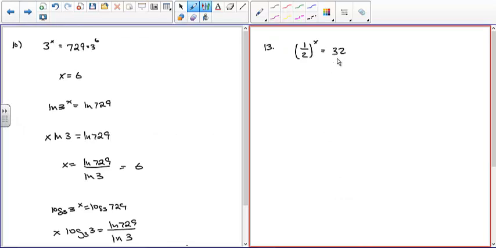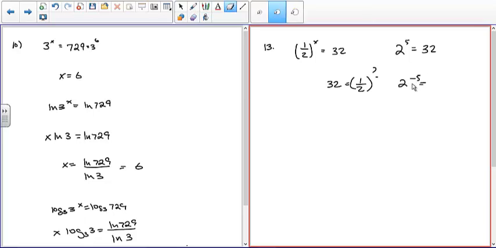Okay, so again, if we can take 32 as equal to 1/2 raised to some power, then we could do that. Now we know that 2 to the 5th power is 32. So you might think that 1/2 to the negative 5th power is 32, just because I've taken the reciprocal of the base and changed the exponent to negative.